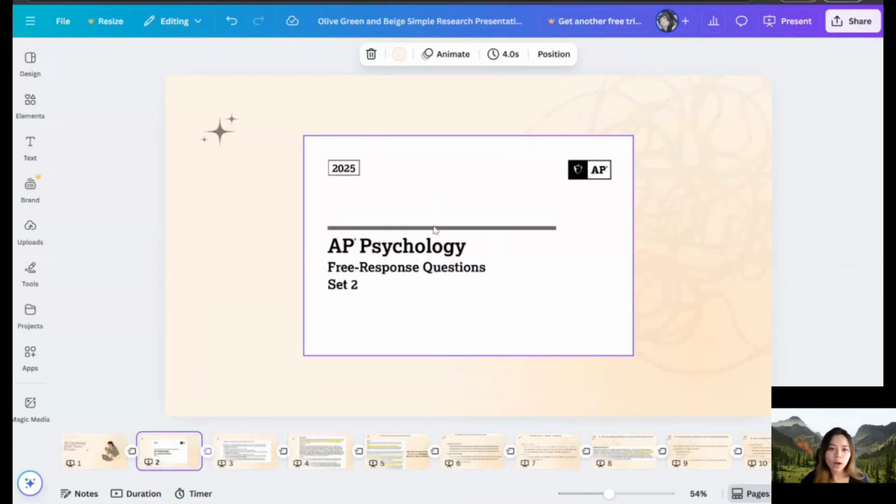Okay, so before I started, the reason that I want to start it from set two is because I like even numbers. And all of the questions, which is FRQ, the free response questions we're going to talk about today, are based on the newest updates from College Board.